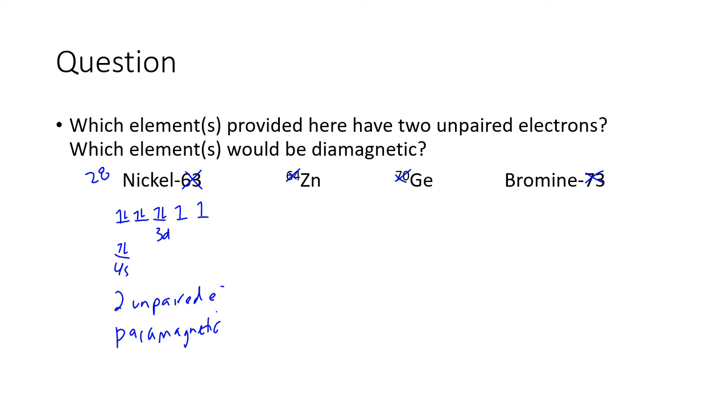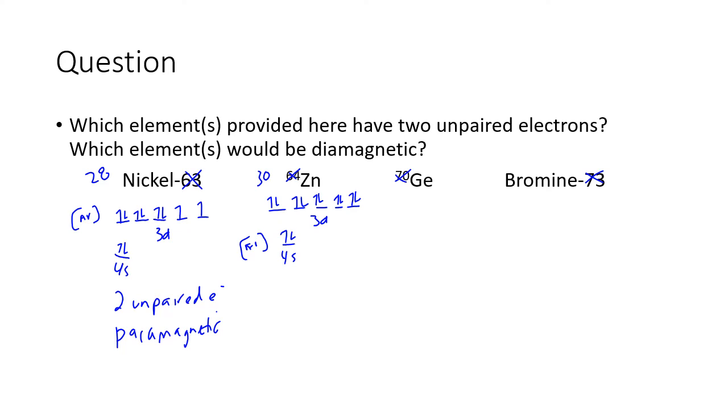For zinc, zinc has 30 electrons, so zinc is similar to nickel. These are both related to the element argon, or that's their noble gas that comes before. Zinc would have 4s2 as its configuration, and then instead of 3d8, there are 10 electrons there, so I'm just going to fill in all 10 spaces.